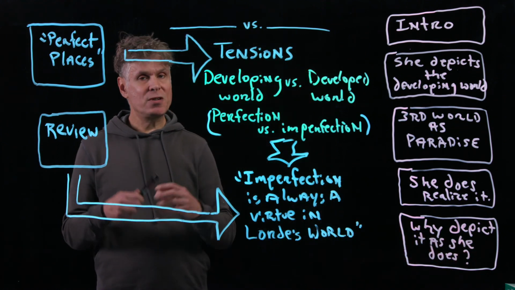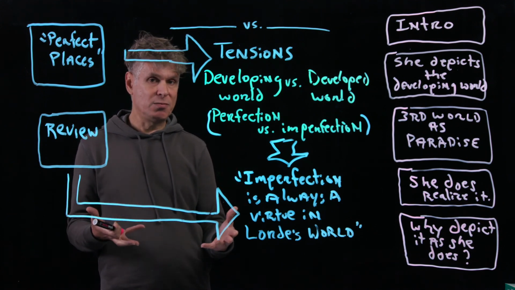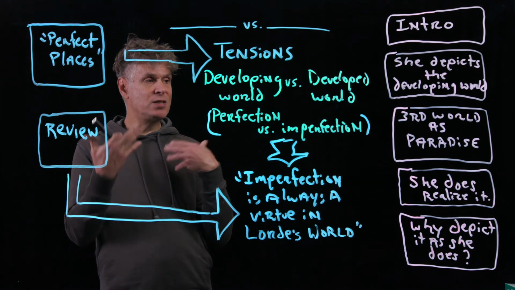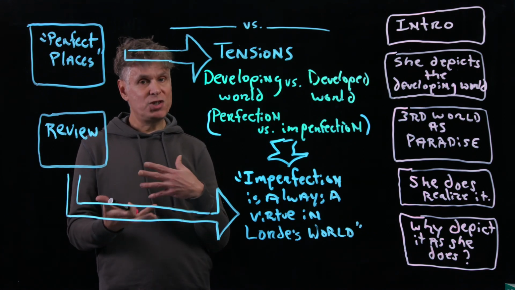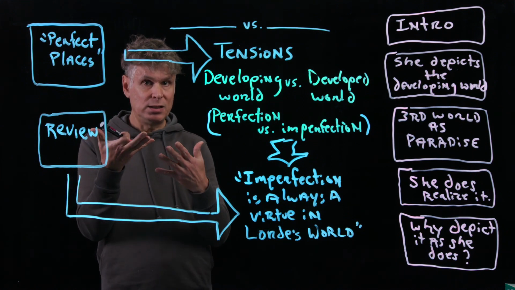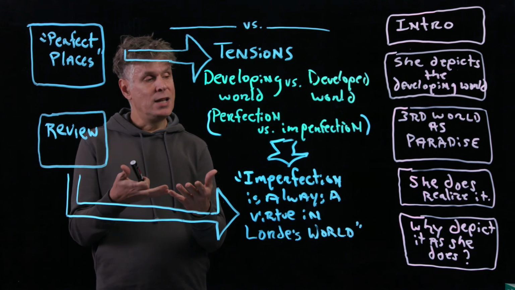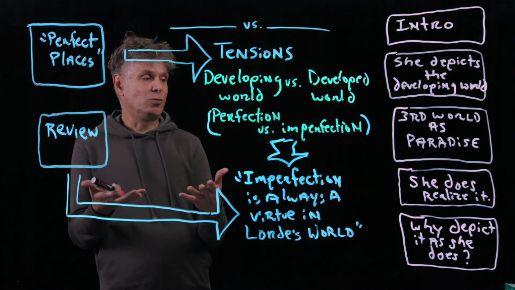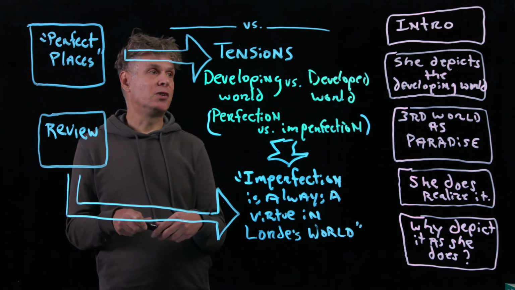We never actually get to see the real people who live in these places. Even though she kind of says these perfect places are screwed up, she never shows us the real place. It's like either the image, the false image, or nothing. And I'm going to talk about what problems might be involved in that.